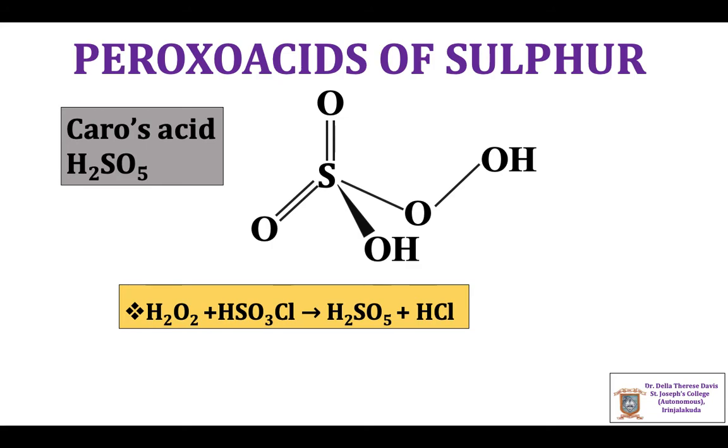Another class of acids of sulfur is peroxoacids. There are two peroxoacids, Caro's acid and Marshall's acid. In peroxoacids, there is an O single bond O, that is a peroxide linkage. Caro's acid is H2SO5.